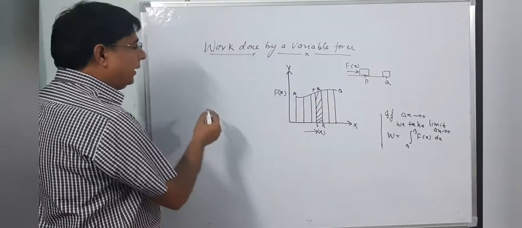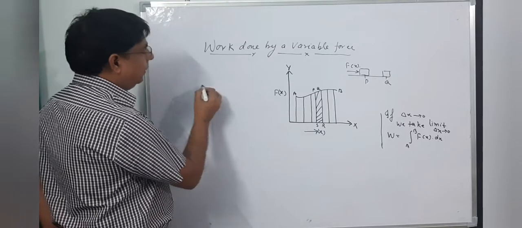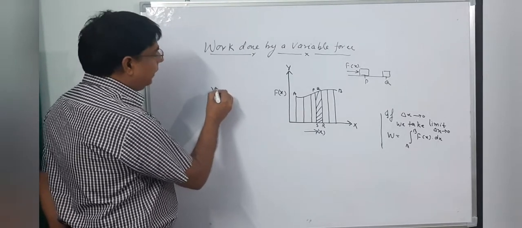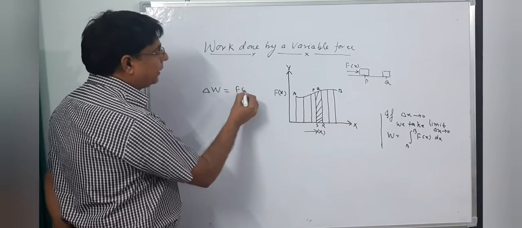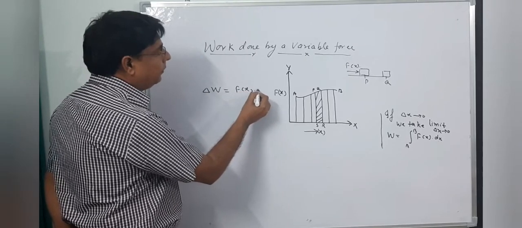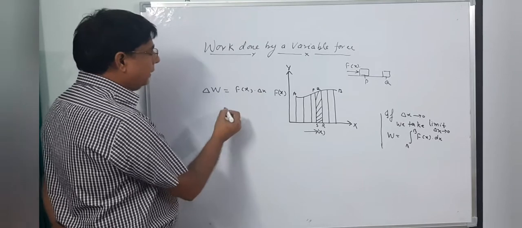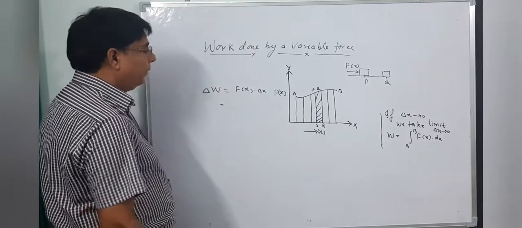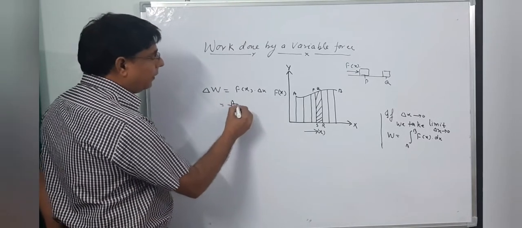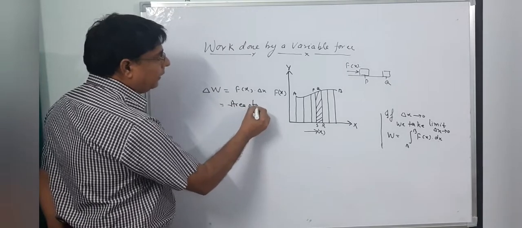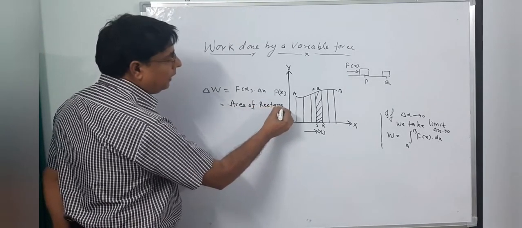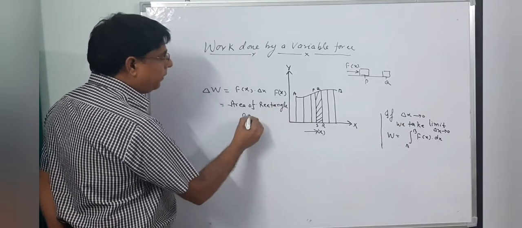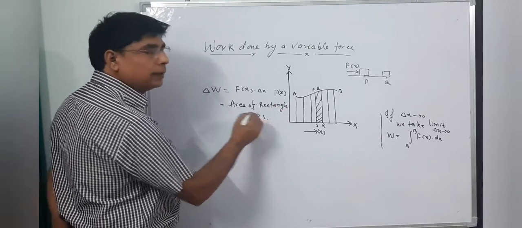So we write it like this: work done delta W equal to Fx into delta x, and this is also equal to the area of rectangle PQRS.